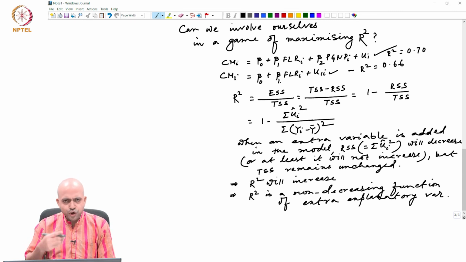When two models involve different numbers of explanatory variables, how can you say that this model is better than this? Yes, we are getting additional R square, but in the process we are also losing something. In this world, nothing comes free of cost.